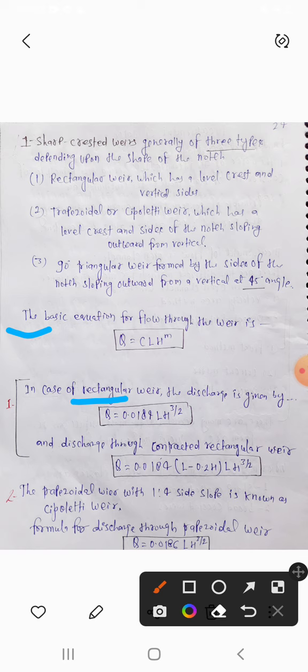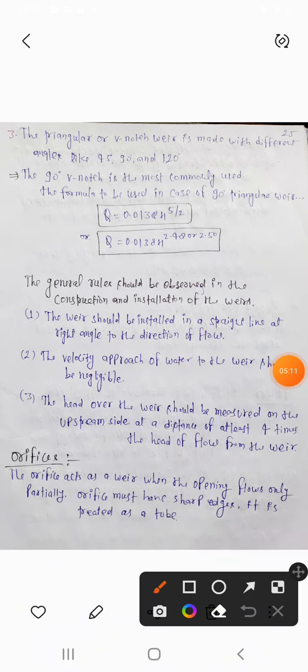The formula for discharge through trapezoidal weir: Q equals 1.86 L H to the power 3/2. Now come to the third, the triangular or V-notch weir, which is made with different angles, like 45 degree, 90 degree and 120 degree.